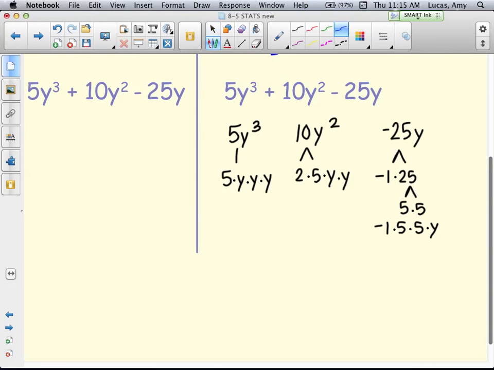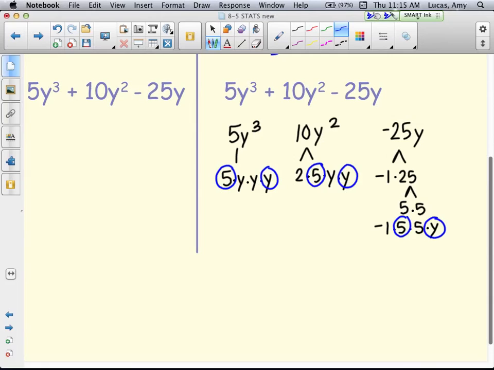Okay, so their greatest common factor, they all have a 5. They all have a y. And that's it, because to be a common factor, it has to be common to all 3 terms. So the first 2 terms have another y, but the last one doesn't.